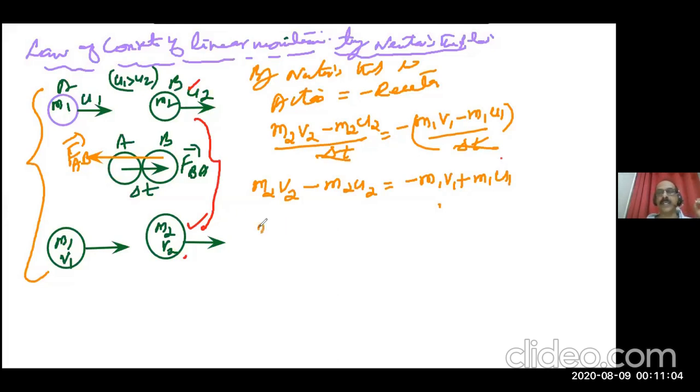Now here, M1 U1 plus M2 U2 is equal to M1 V1 plus M2 V2. M1 U1 plus this goes here, M2 V2 this will come here.